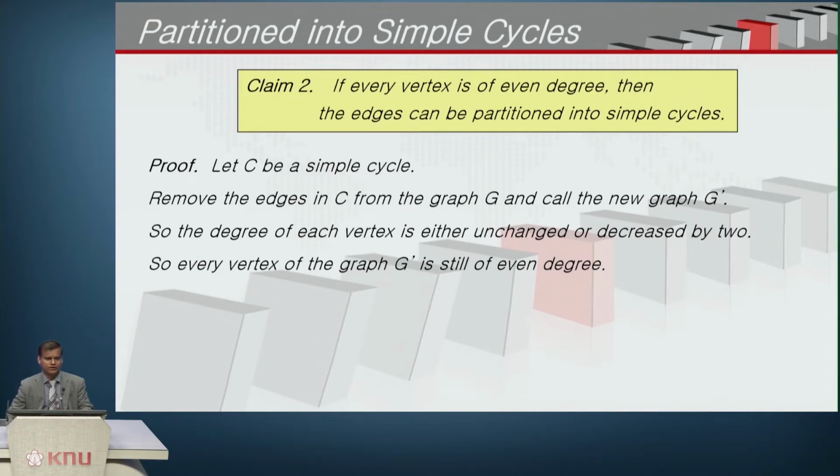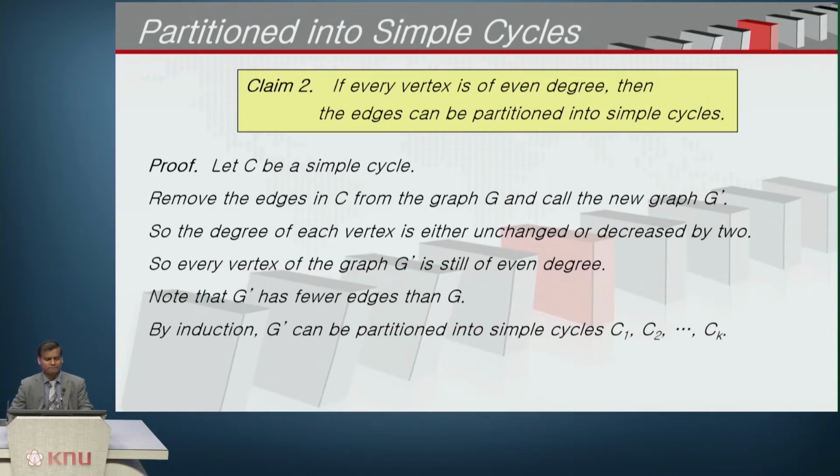So every vertex of G' still has even degree. Note that G' has fewer edges than G, because the original graph has more edges than the graph after removing the cycle.